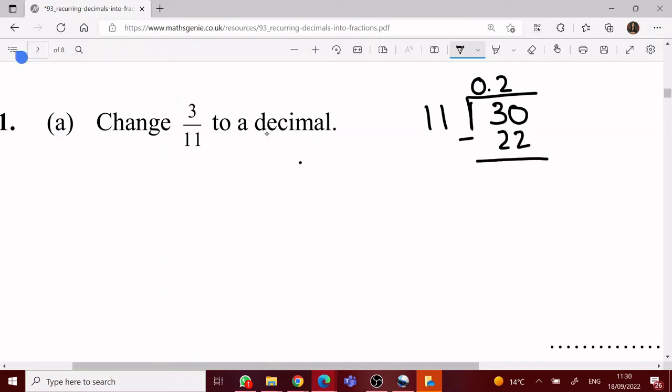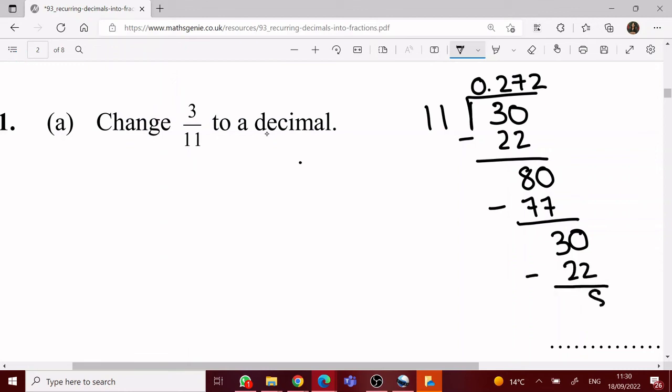Subtract, I get 8. 11 doesn't go into 8, so I add a 0. 11 goes into 80 7 times, so I get 77. Subtract, I get 3 and add a 0. 11 goes into 30 2 times, so that's 22.